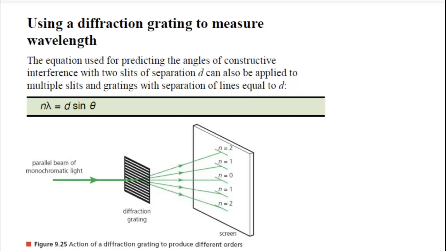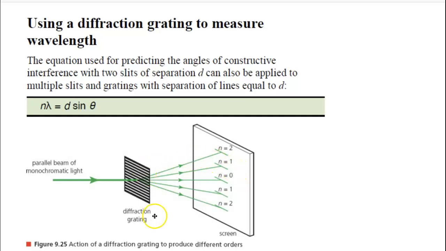It just happens to involve more gaps. n is a whole integer, lambda is the wavelength, d is the distance between gaps, and sine theta is the angle between the zero order and the first order, or the order in question.